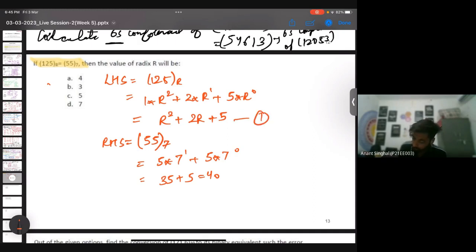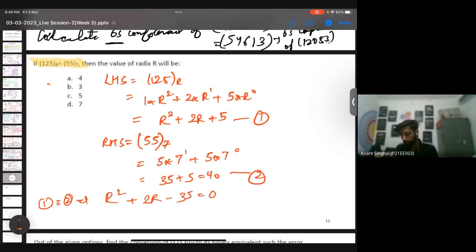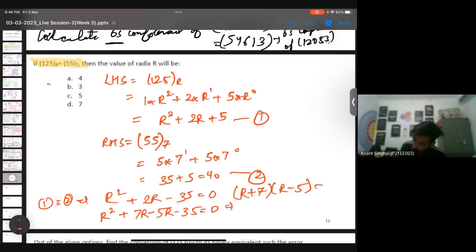So according to the question, LHS equals RHS. So it will be r square plus 2r minus 35 equals 0. So it is nothing but r square plus 7r minus 5r minus 35 equals 0. If I try to factorize it, it will be (r plus 7)(r minus 5) equals 0.